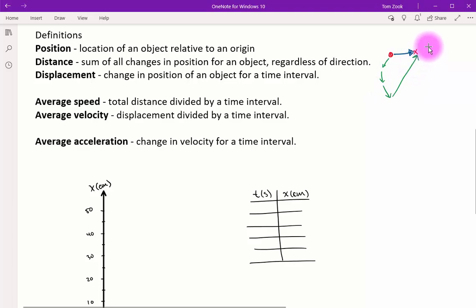That gives me my average speed. I'm going to write that here as speed, and actually I should write the word AVG in front of it. Average speed equals distance divided by time.